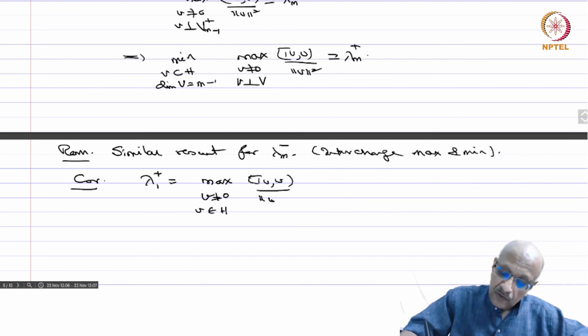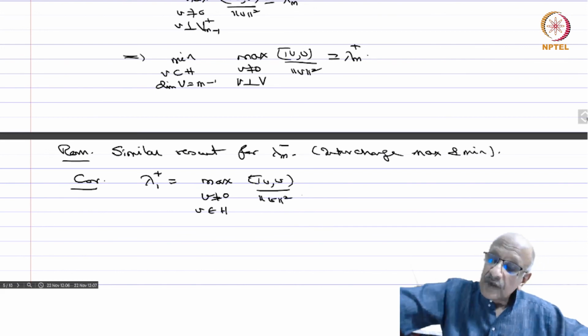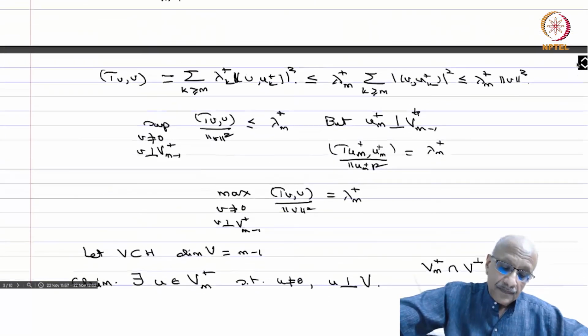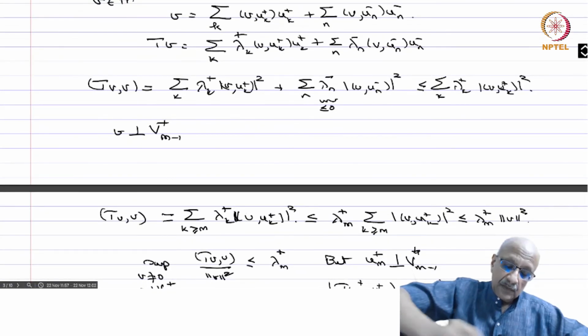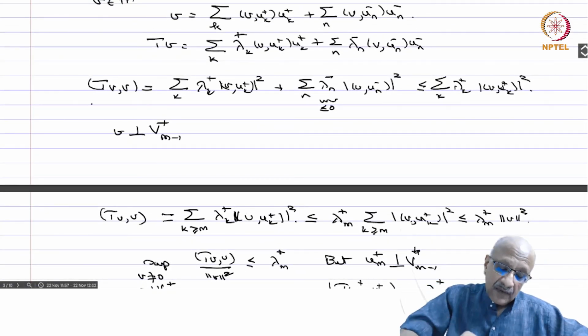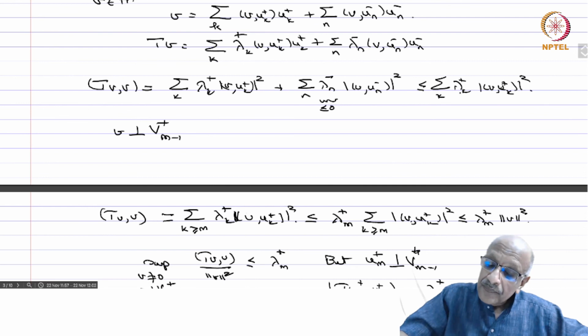You can also see it directly from this statement here. So you have (Tv,v) equal to this, and therefore this is less than or equal to lambda 1 plus norm v square, because that is the biggest of them all.